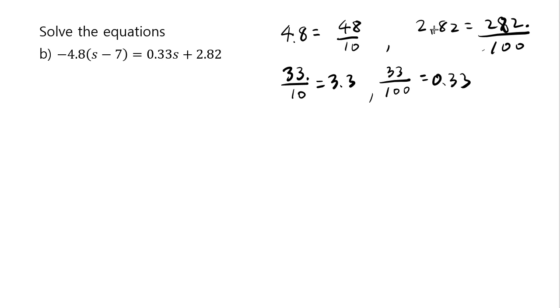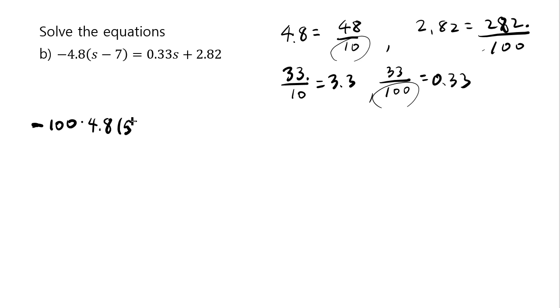Once you have changed these into fractions, we see that the denominators are 10 and 100. And because 100 is already divisible by 10, the least common multiple now is 100. That's what we will multiply both sides by. So we multiply 100 to 4.8.